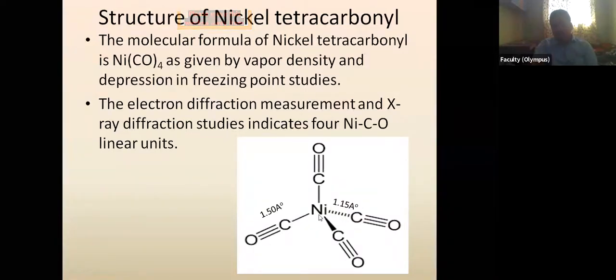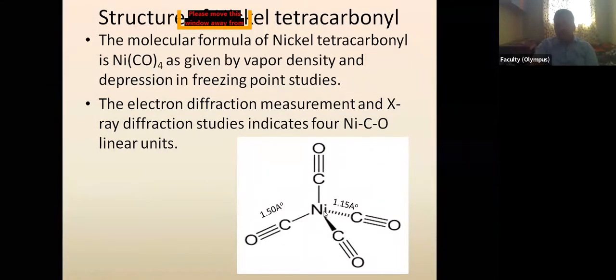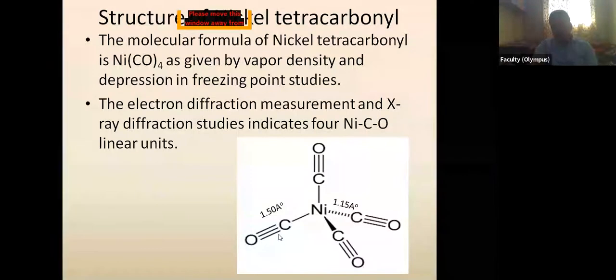Now at this point we do not know the geometry. What we know is only the molecular formula, Ni(CO)4. This is the molecular formula, and there are 4 NiCO linear units. In this structure, this is 1 NiCO linear unit, this is NiCO, this is NiCO.